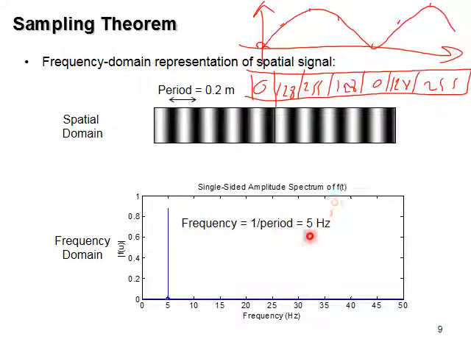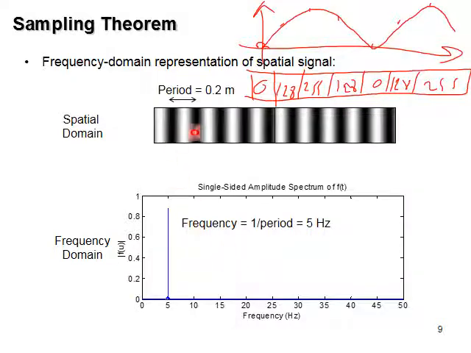But here, the Hertz is different. The representation is relative to space, not relative to time. So the reason I'm mentioning this is that I want you to know that the idea of having frequency domain representation is not only restricted to time domain signals, things that vary with time.